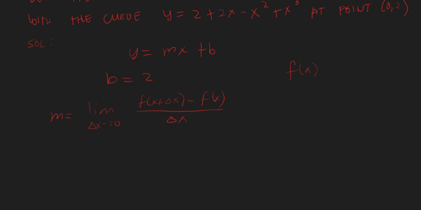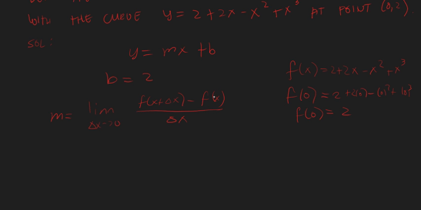What is f of x? f of x is just equal to 2 plus 2x minus x squared plus x cubed. If you substitute the value f of 0, because at point (0, 2), x is equal to 0, then f of 0 will be 2 plus 2 times 0 minus 0 squared plus 0 cubed. So f of 0 is just equal to 2.